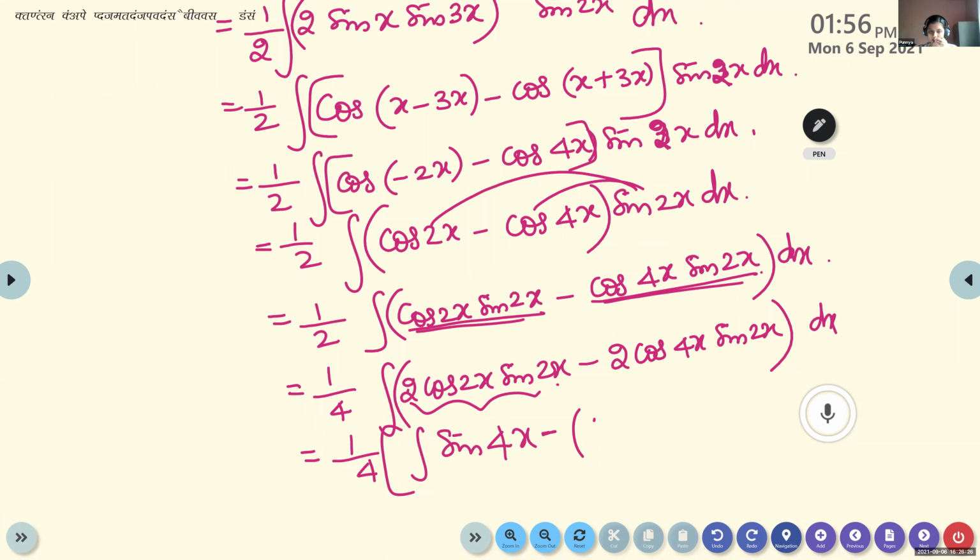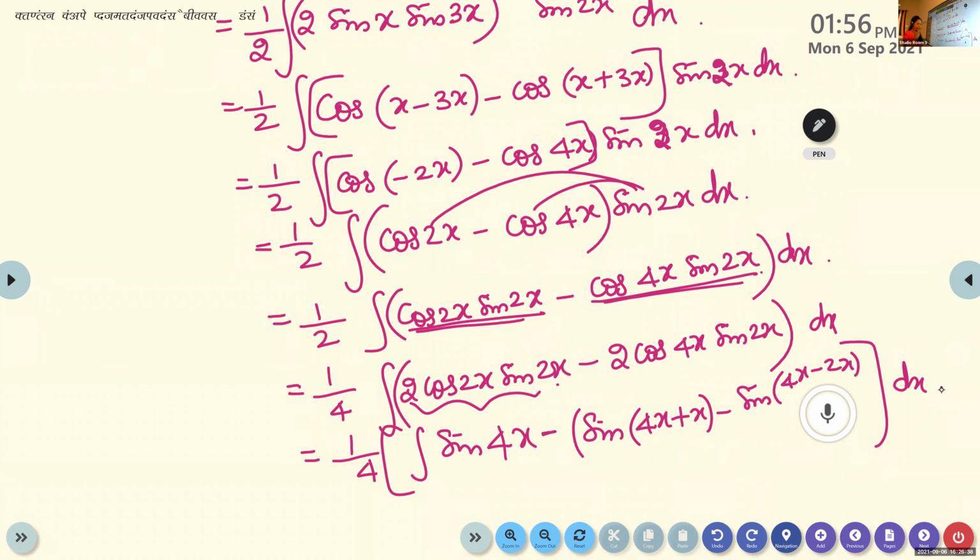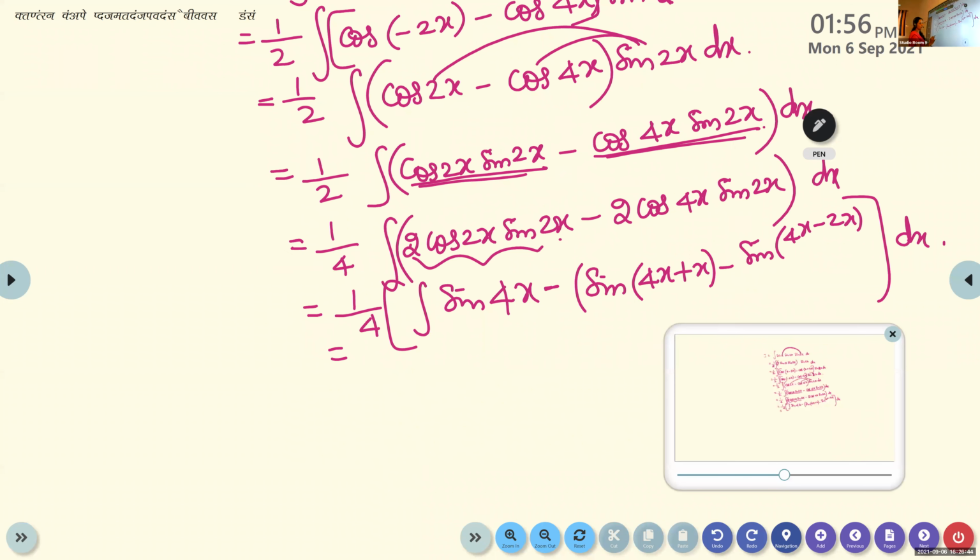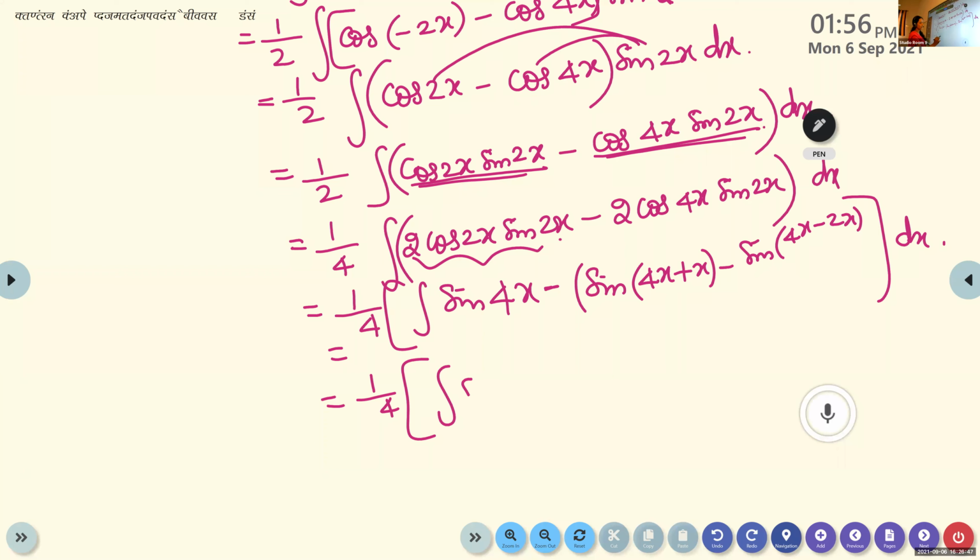Sin of A plus B minus sin of A minus B. So it will be 1 by 4 into integral of sin 4x minus, 4x plus x becomes sin 5x, minus of minus becomes plus, plus 4x minus 2x becomes sin 2x, whole thing into dx.